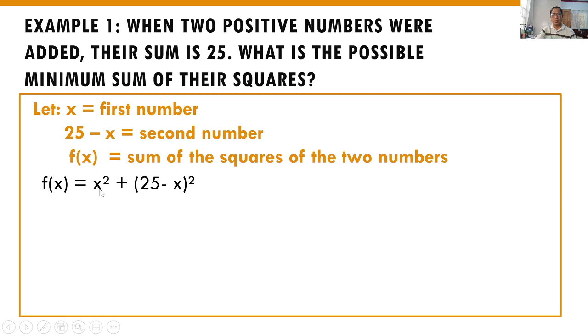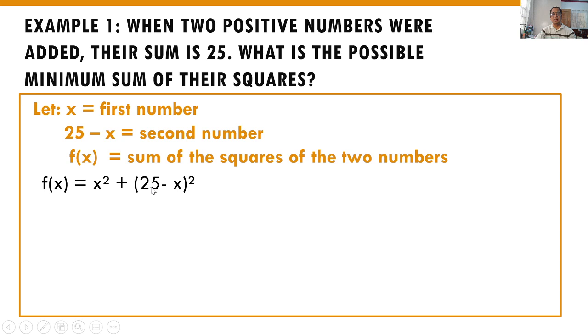F of x is equal, ito yung first number x in square, plus, kasi sum. So, I enclose this into a grouping symbol, parenthesis, 25 minus x, para malaman natin na ito yung kabuuan yung second number. At ito yung i-square natin. Now, yung pag-i-square natin dito, balikan nyo lang, hindi yan 25 times 25 tapos minus x times x, hindi ganon.